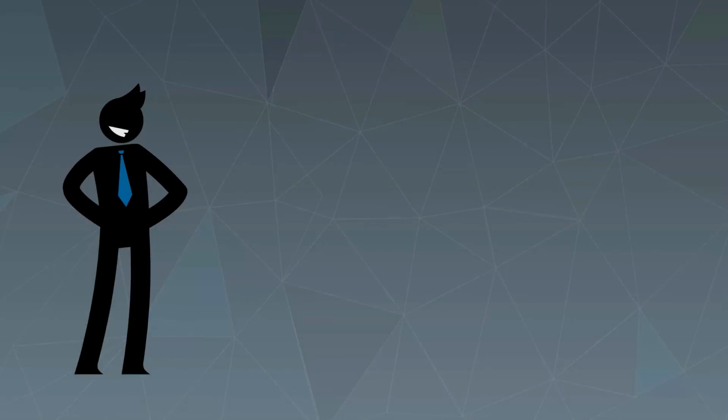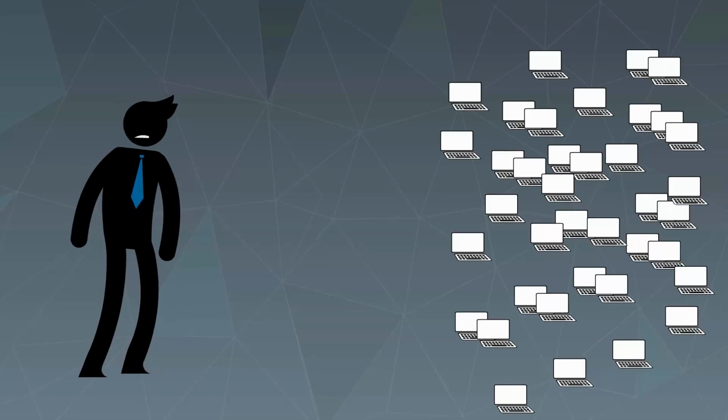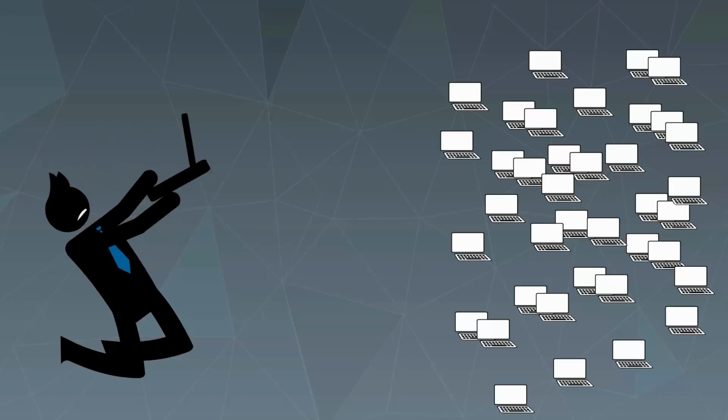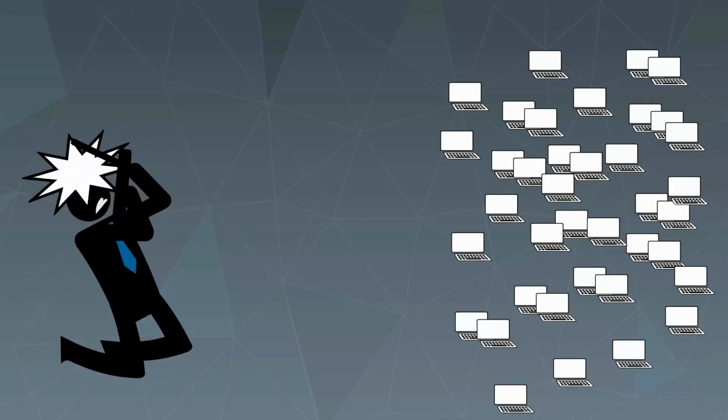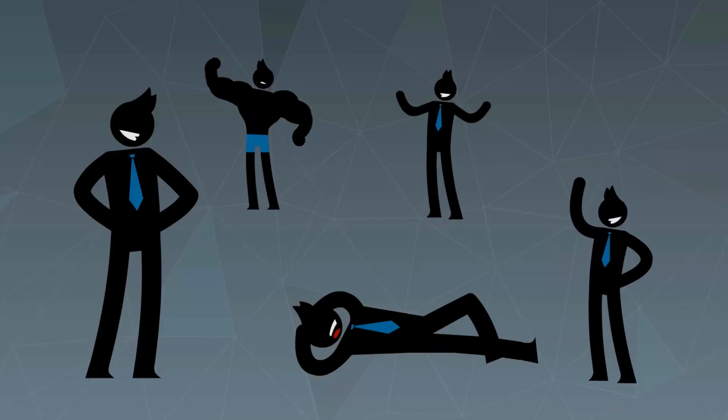So let's expand on that a bit. Let's take that same administrator and now assume that they are in charge of hundreds or even thousands of computers. Being able to carry out those same tasks in a timely manner when scaled to thousands of computers may seem impossible. Especially since we're going to assume here that our administrator is human and they may need to eat, sleep, and have a life of their own outside of work.